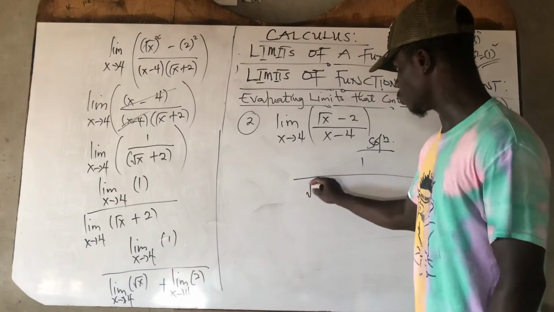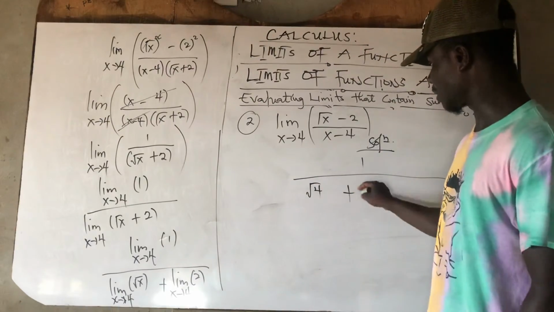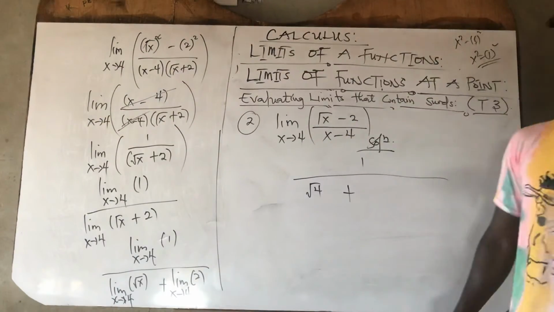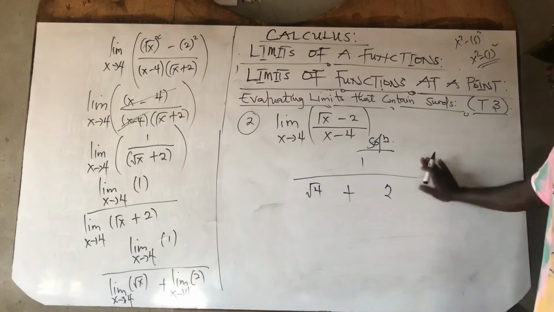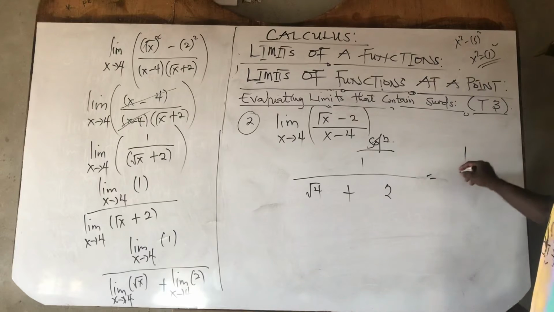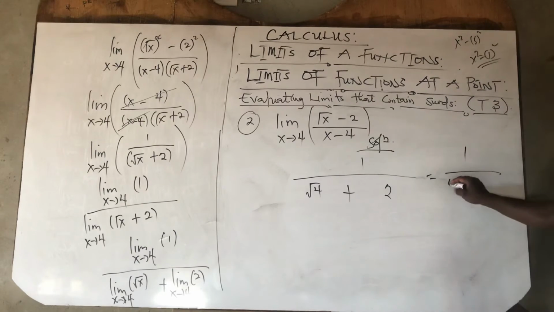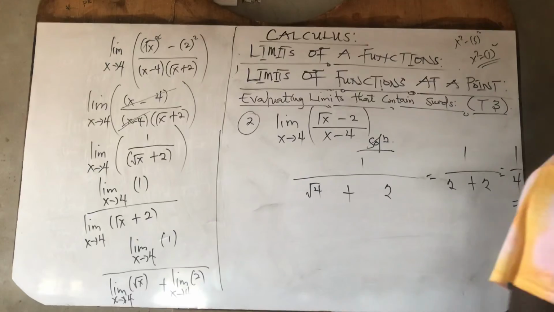So we get square root of what? 4. Then plus the limit of a constant as x approaches 4 is what? 2. Right. So we get this, which must be equal to 1 all on square root of 4 gives what? 2. Then plus 2, which is equal to 1 on 4. So this is the limiting value. 1 on 4, which is 0.25.